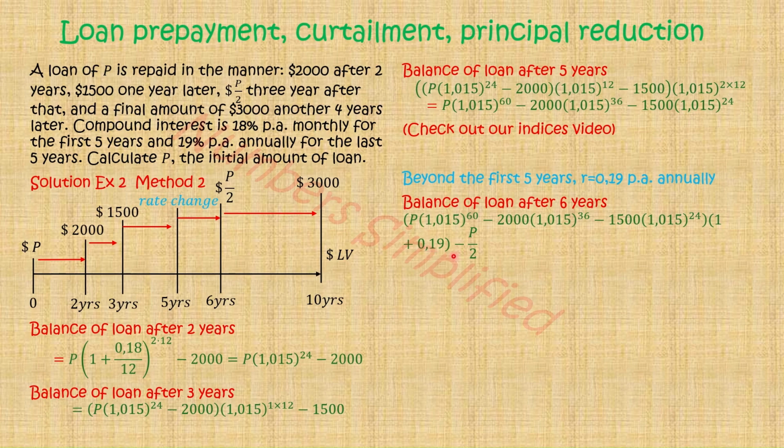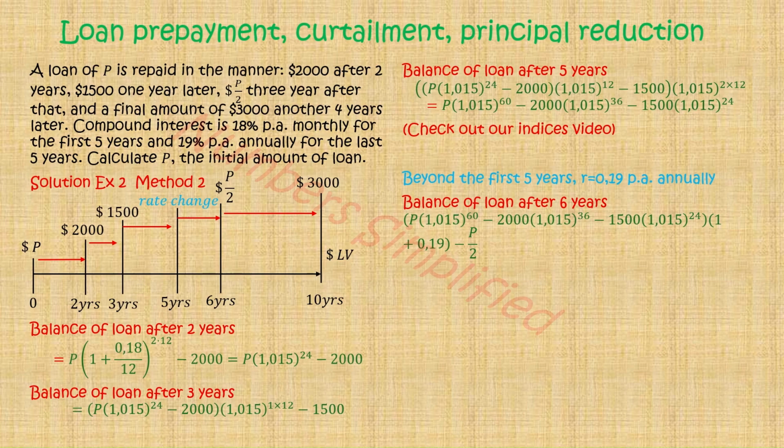And then because there was a payment that was made of P over 2, we subtract that so that we get a new balance. So now when we subtract that, we are going to get the final balance being something that is given in that way, because we're saying that after the 6th year, we are going to find what interest is accrued at the end of the 10th year. So that is 4 years later.